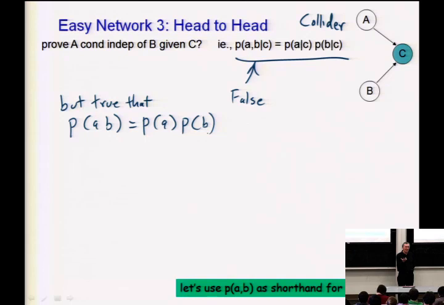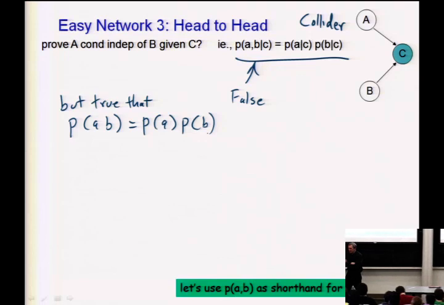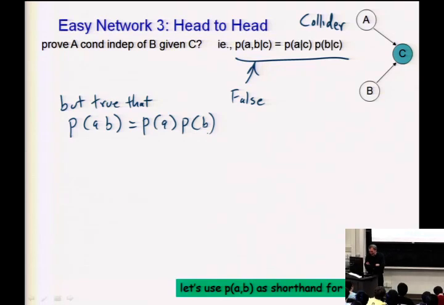They're marginally independent. In other words, if we don't know C, given no information about C, the probability of any joint assignment A-B is just the product of their individual assignments. This is a very strange thing, or it first strikes one as very strange.